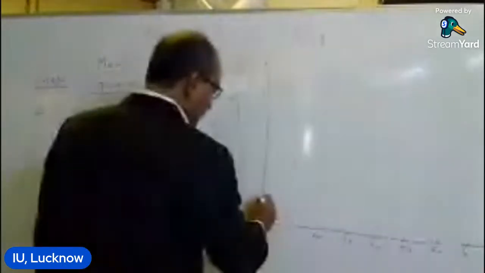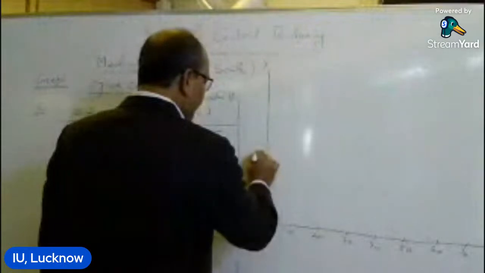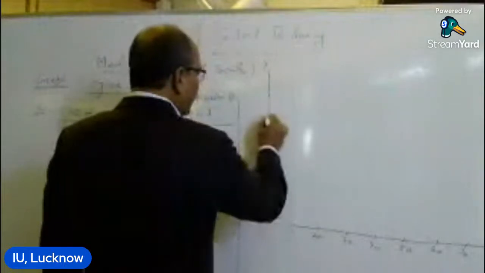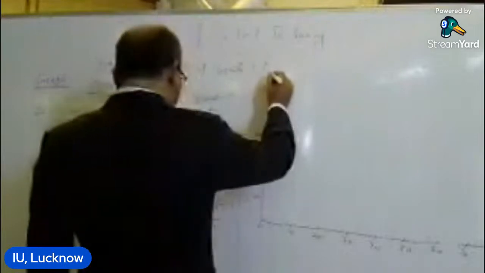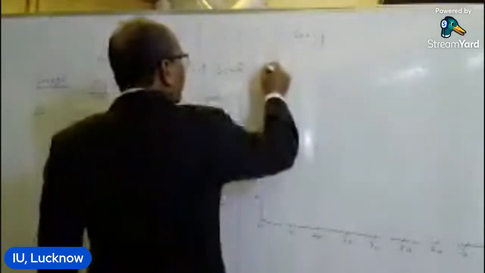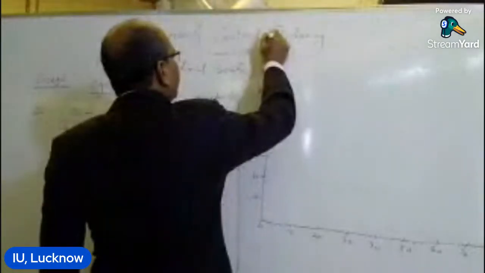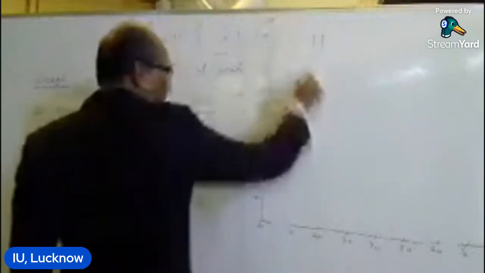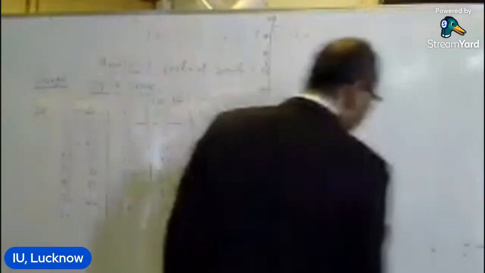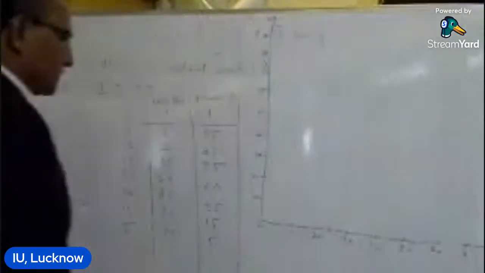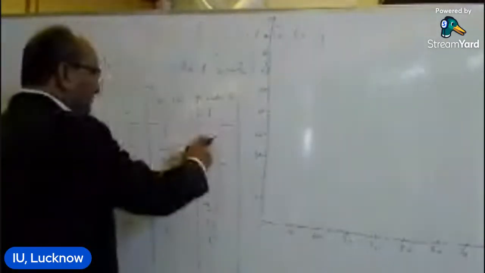The y-axis will also be scaled like 10, 20, 30, 40, 50, 60, 70, 80, 90. The scale will go up to 100, because the maximum value is 95.